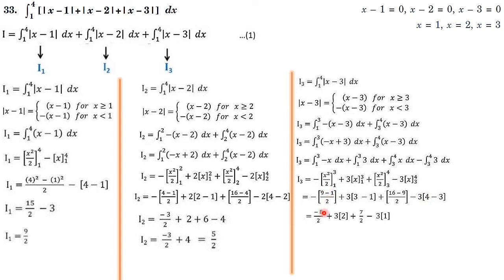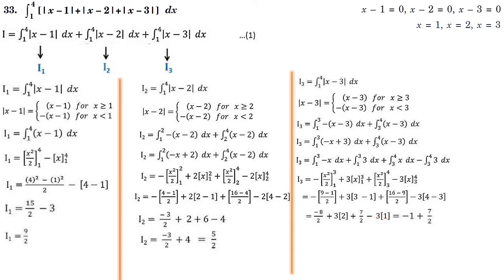The 9 minus 1 is 8, and the minus is outside, so minus 8 by 2, plus 3 into 3 minus 1 which is 2, plus here 16 minus 9, that is 7 divided by 2, minus 3 into 4 minus 3 which is 1. That is equal to minus 8 by 2 is minus 4, and here 3 into 2 is 6, and here minus 3.